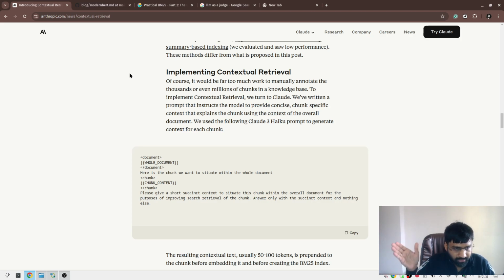And for feeding that data into your vector database, you need to break that data into chunks. But what is the problem with a chunk? A chunk lacks specific information, or basically I would say the context for that chunk, right?